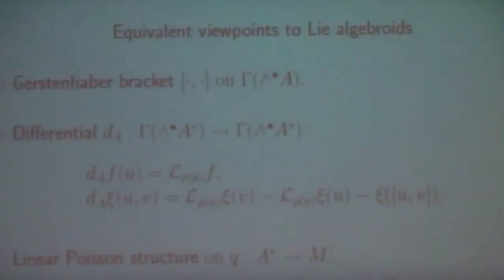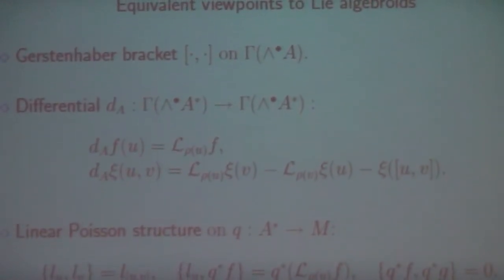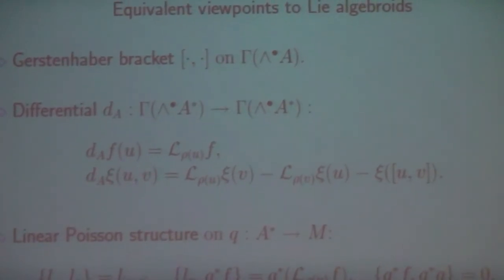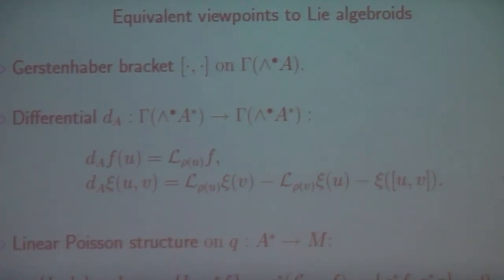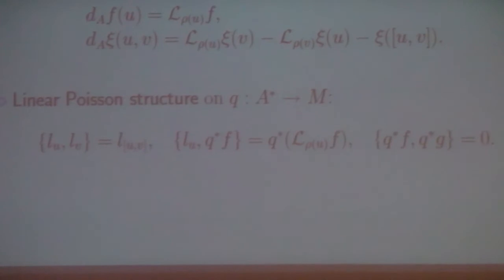So these are the formulas relating the differential, the bracket and the anchor, right? The first formula gives the anchor in terms of the differential in degree 0, and the second formula gives the bracket in terms of the differential in degree 1, and that's all you have to know. And you also have a linear Poisson structure on the dual of any Lie algebroid, and these are the defining conditions for this Poisson structure.